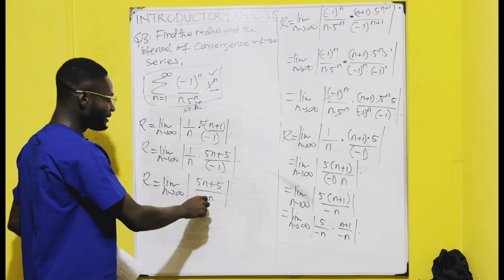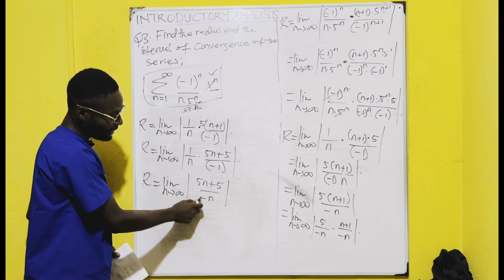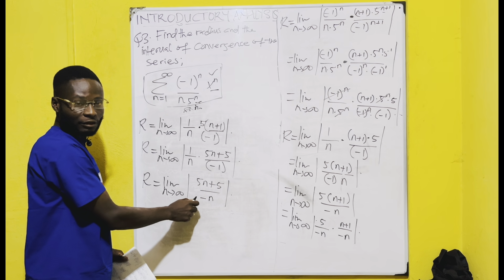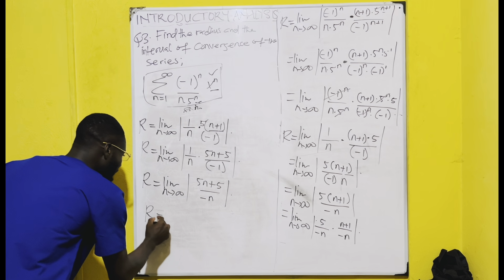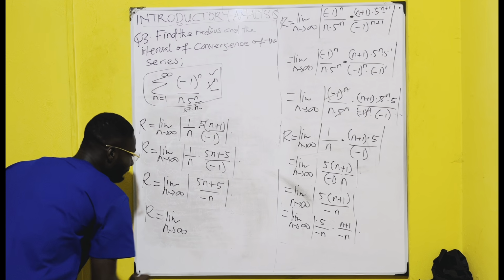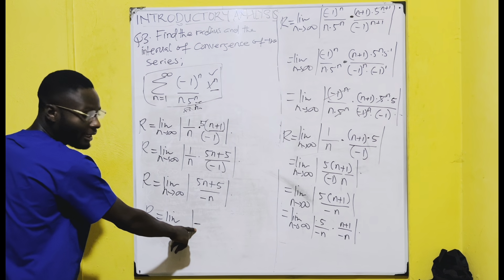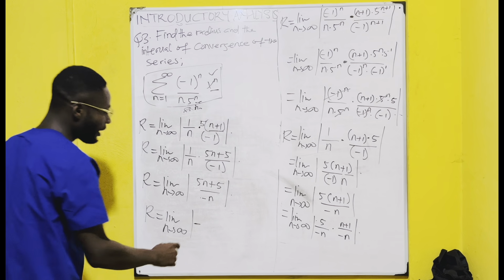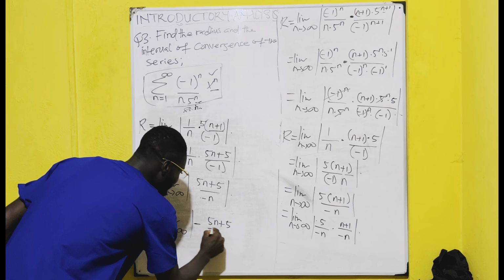So this negative right here is affecting everything in the numerator, right? So we're going to have the radius of convergence equal to the limit as n approaches infinity of negative, right? We bring the negative in front of all. So we have negative of n plus 5 divided by what? n.